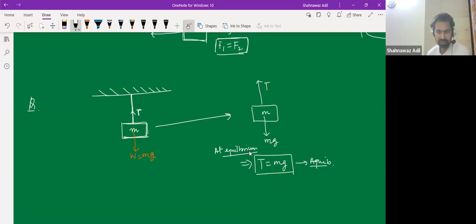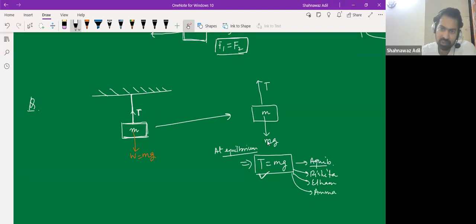Am I audible? Yes, sir. Rishita is also saying that this is correct. Elham's answer is also the same. And Amna, what about you? Yes, sir. Good, so everyone is in agreement.